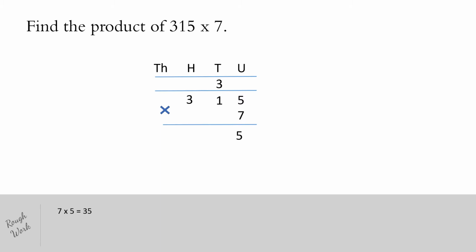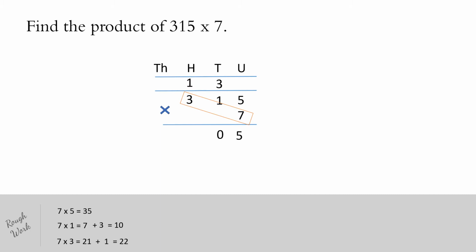Now, we will multiply 7 into 1. 7 ones are 7, plus the carried over 3, we get 10. So, we will write 0 at the tens place and carry over 1 at the hundreds place. Now, we will multiply 7 into 3. 7 3s are 21, plus 1 is equal to 22.